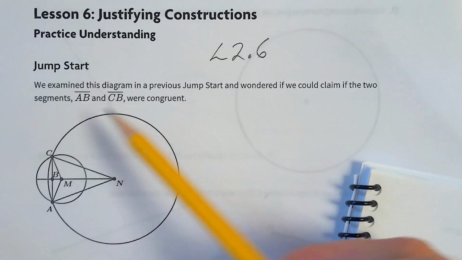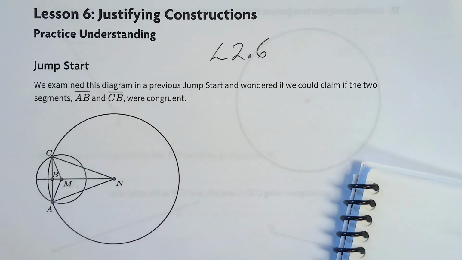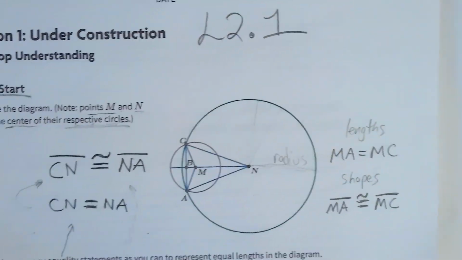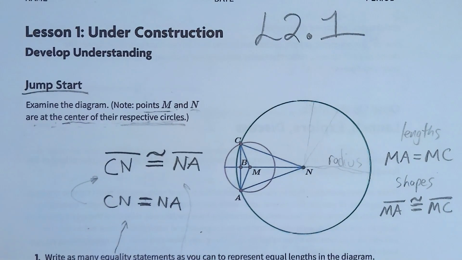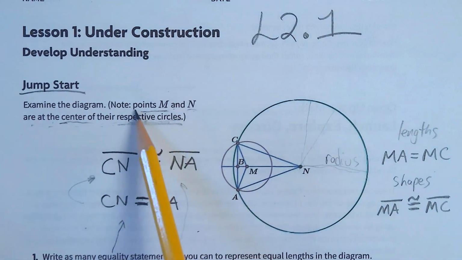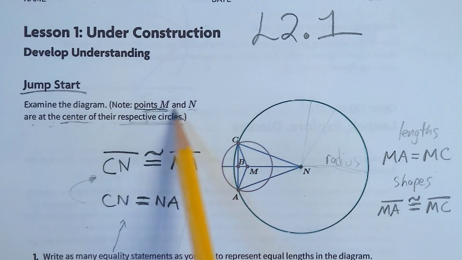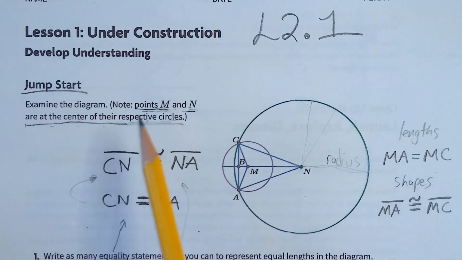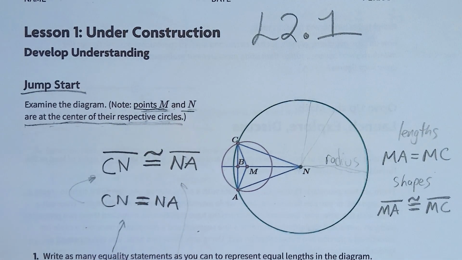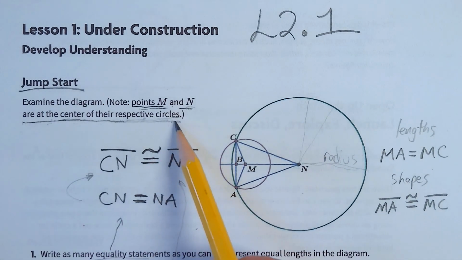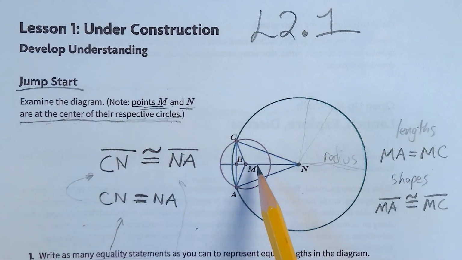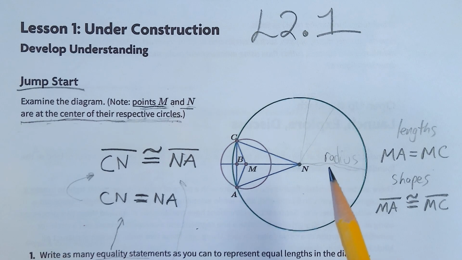And we are jump starting here with this diagram, which should look familiar because that's where 2.1 started. And in 2.1, we were given the information that points M and N are at the center of their respective circles. And we were trying to figure out things that we know are congruent.